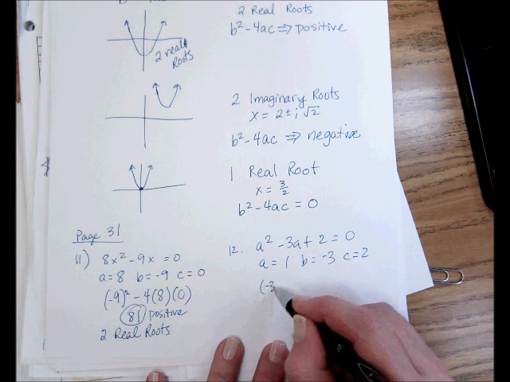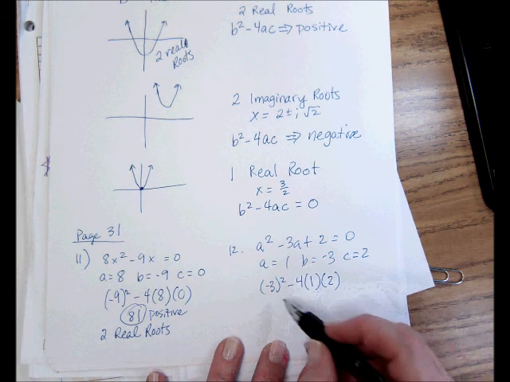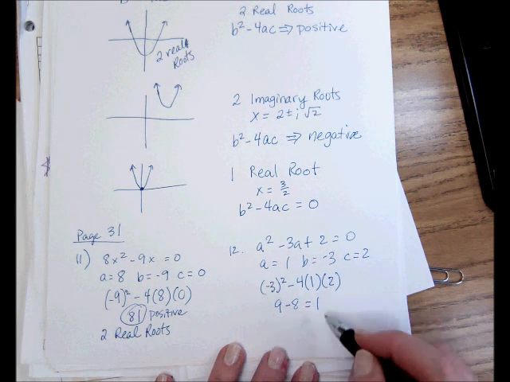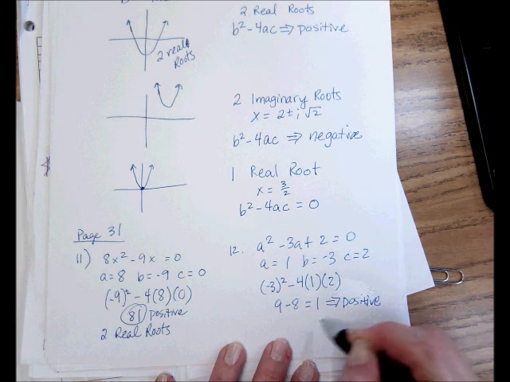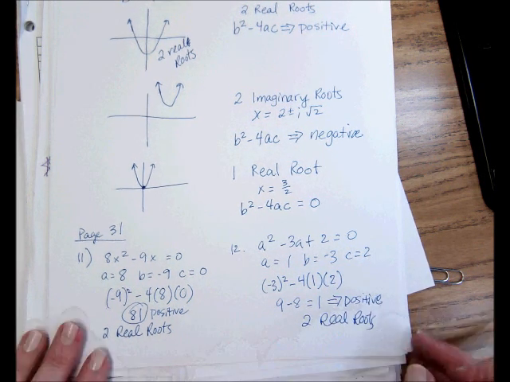I do negative 3 squared minus 4 times 1 times 2. So I have 9 minus 8, which is 1. 1 is positive, so two real roots.